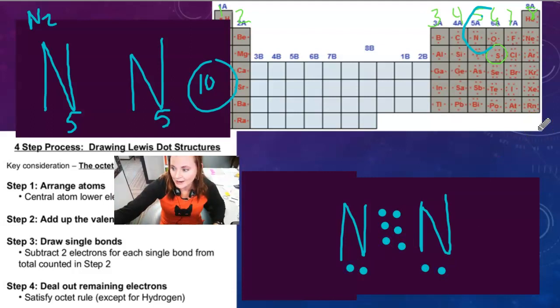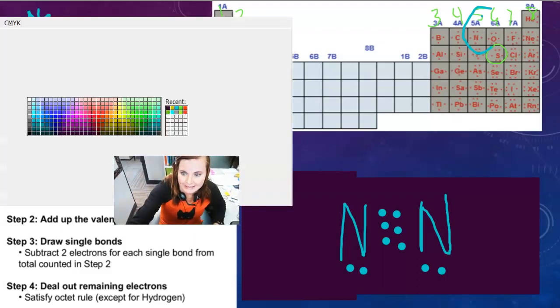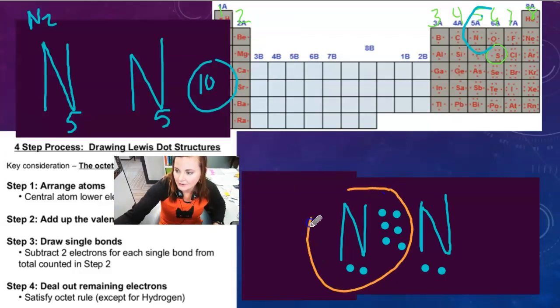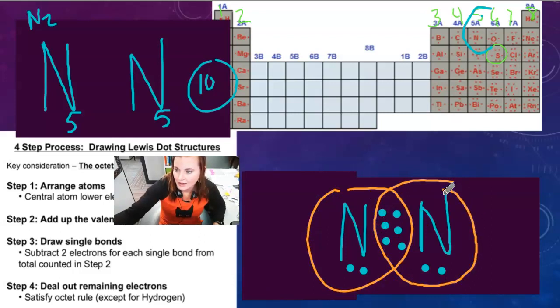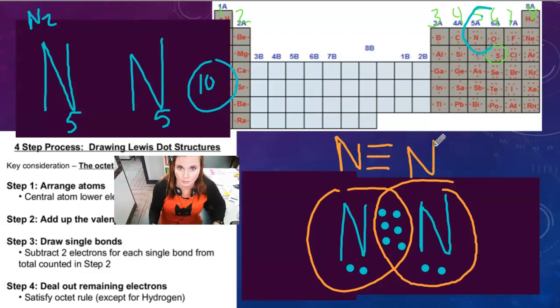That's the only way they each have access to 8 of them. Okay, you can see 6, 7, 8 for nitrogen here, 6, 7, 8 for nitrogen here. So we would draw this, since there's 3 pairs in there, with 3 bonds, a triple bond.